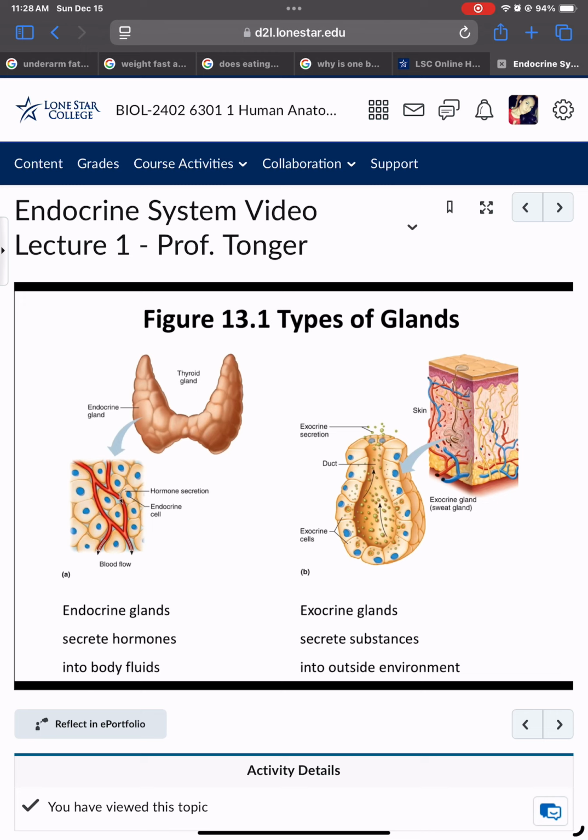You have learned this as well in your ANP1 under the skin chapter, where we have seen that the sweat gland has a duct which opens to the skin surface. And as you can see here, it's not going to the blood. The sweat doesn't get absorbed via any of the blood vessels. Okay, so that is something which you have to keep in mind, the difference between an endocrine gland and an exocrine gland.